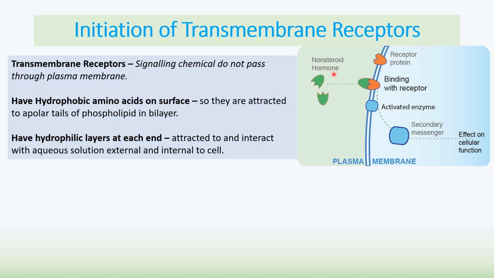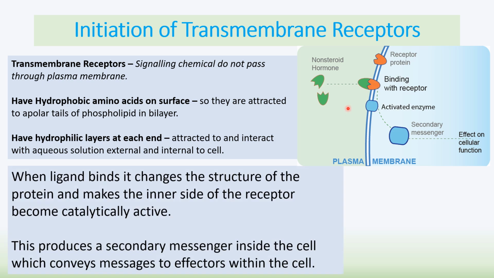such as adrenaline, which cannot pass through the plasma membrane, so it has to bind to a protein receptor on the cell surface membrane. The protein receptors have hydrophobic amino acids on the surface, so they're attracted to the non-polar tails of the phospholipids in the bilayer, so it allows them to stay in the bilayer. What then happens is the ligand binds.